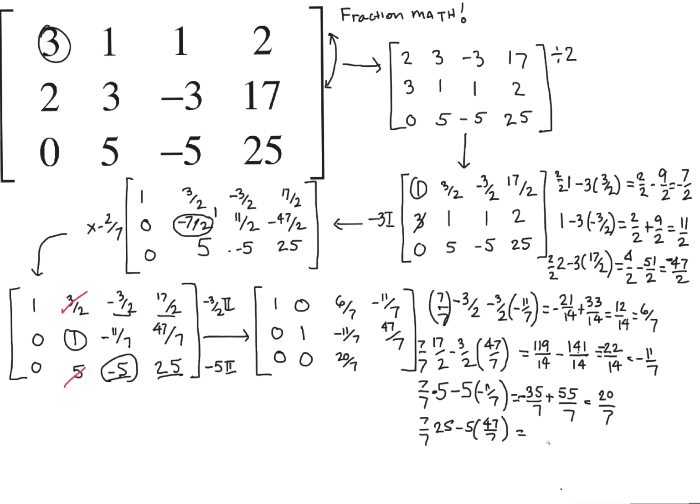Okay, and so 7 over 25, that's 25 to 175, over 7, minus 5 times 7 is 35, 235, over 7. And the jump from 175 to 200 is 25 plus 35. That would be 60. So that's minus 60 over 7.